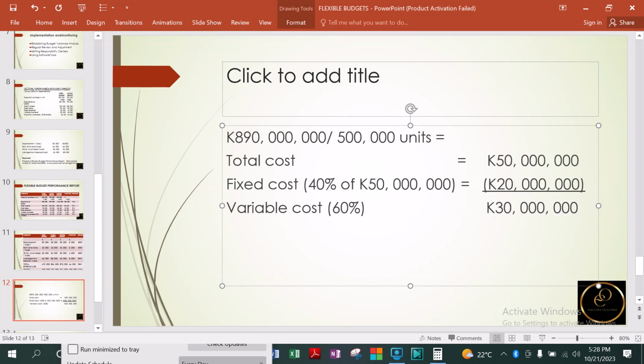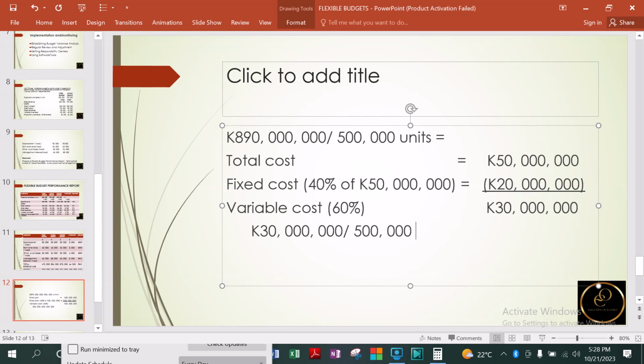Okay, 30 million. Now, once we have got the variable component, then we can go ahead and find out the variable cost per unit. So we get this 30 million divided by the 500,000 units under fixed budget.